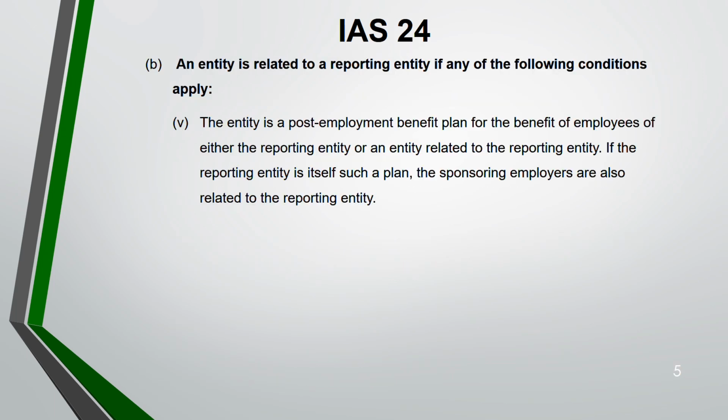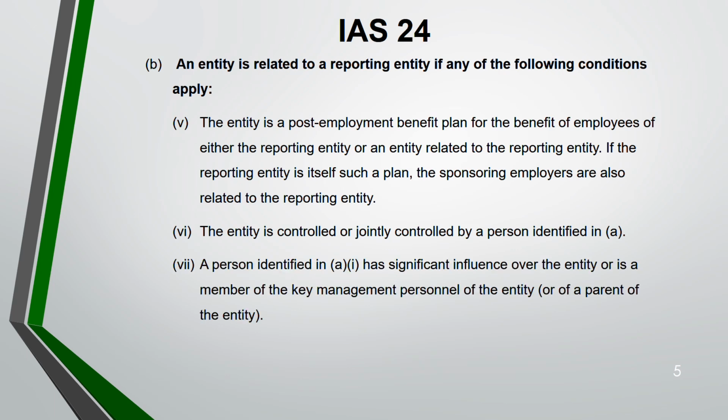Now, the entity is a post-employment defined benefit plan for the benefit of employees of either the reporting entity or an entity related to reporting entity. If the reporting entity is itself such a plan, then the sponsoring employees will also be related to the reporting entity. Sixth, the entity is controlled or jointly controlled by a person who is identified in A. That means could be controlled by associate, subsidiary, joint venture.